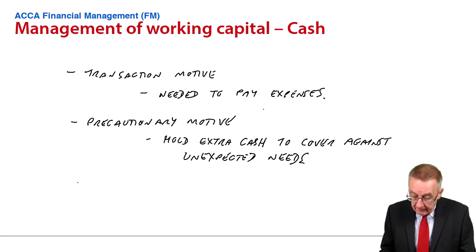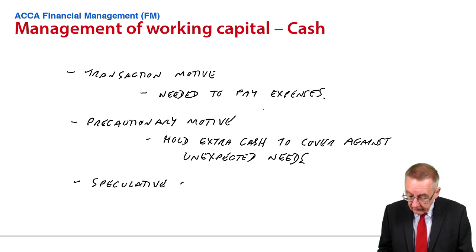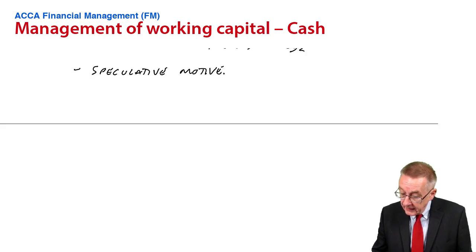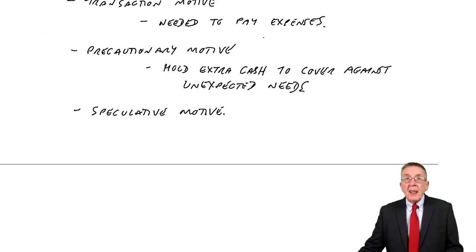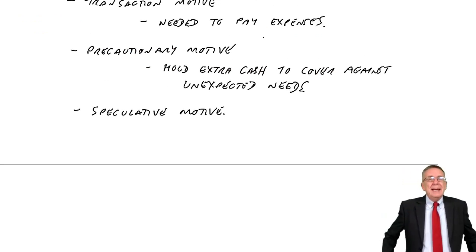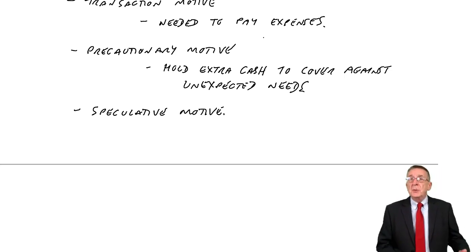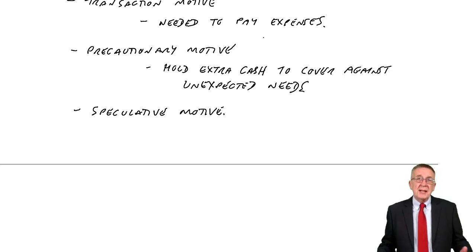The third reason, the speculative motive. Before I write anything, let me give you two examples of what we mean by this. Suppose my raw materials, generally I'm spending 2,000 a week buying raw materials.